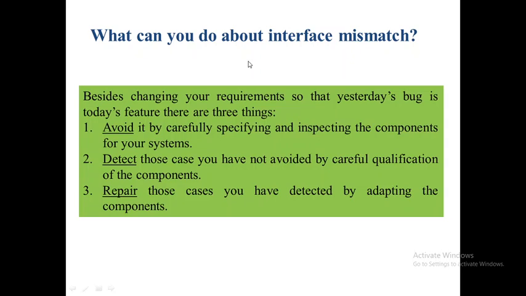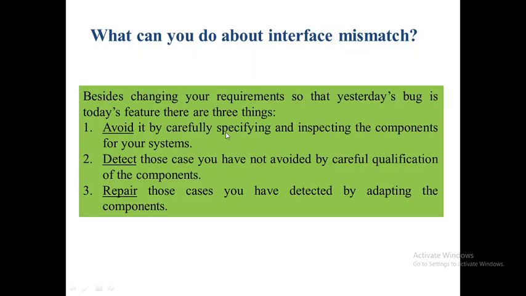So what can we do about interface mismatch? For example, there is an interface mismatch. So what can we do? You see, there are three techniques: avoid, detect, and repair. Avoid by carefully specifying and inspecting the components for your system. That is, from the compatible list only you need to select.